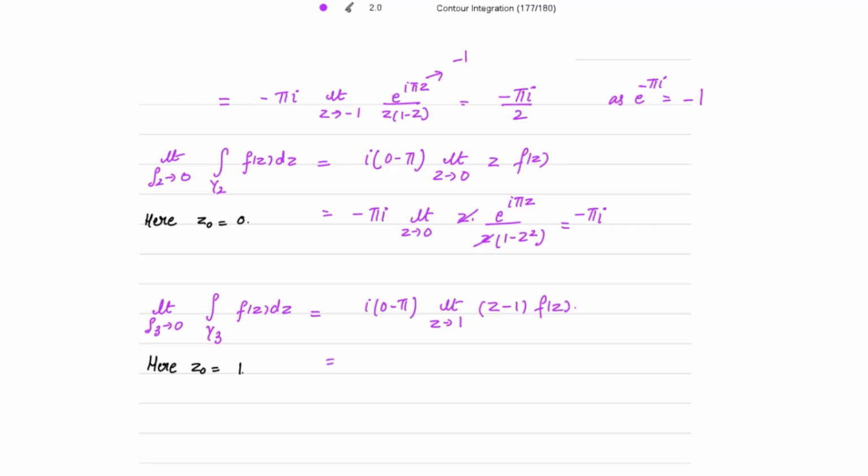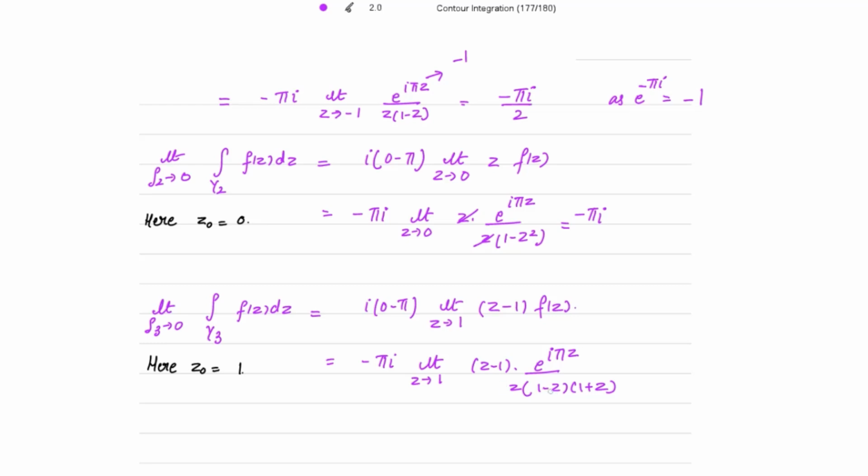So this is equal to negative pi iota, limit z tends to 1, z minus 1 e to the power iota pi z over z into 1 minus z square, which I write as 1 minus z into 1 plus z. So z minus 1 will be cancelled out with this denominator but with negative sign.